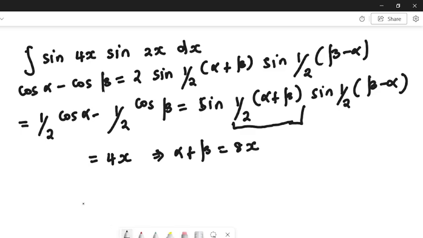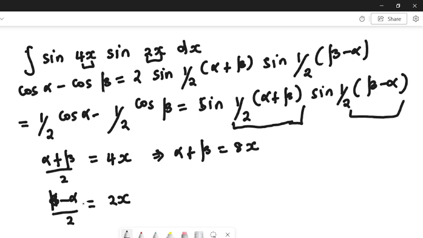So this is alpha plus beta over 2, and then we have beta minus alpha over 2 is equal to 2x, this other part here. So that was our first part, and now this is our second part. That means beta minus alpha is equal to 4x. So this is equation 1, this is equation 2.